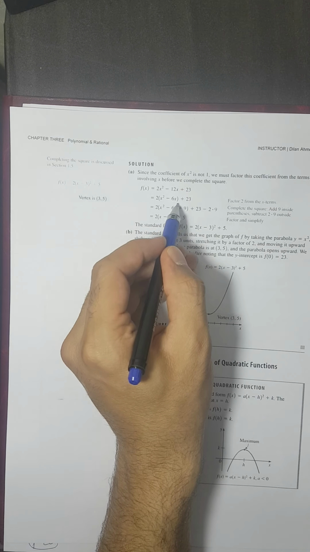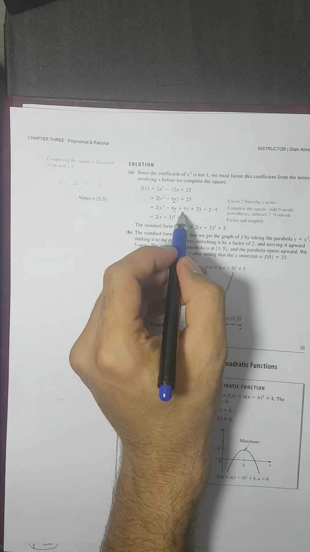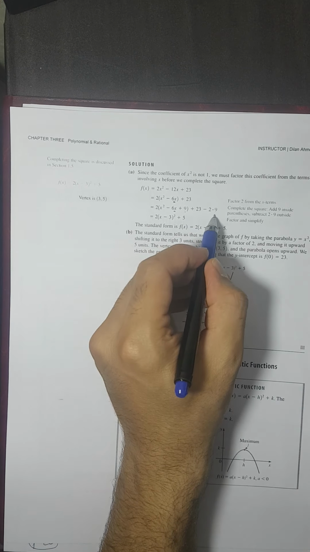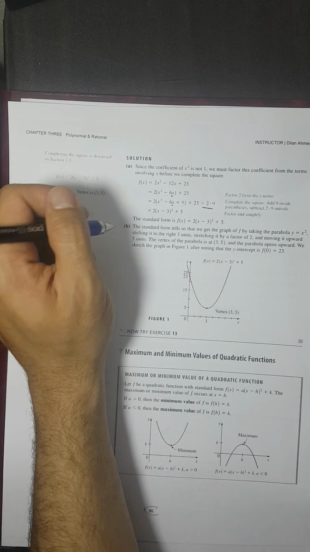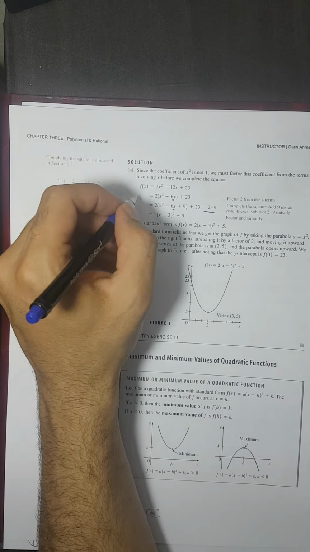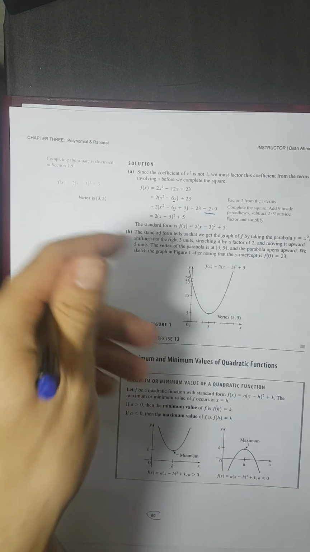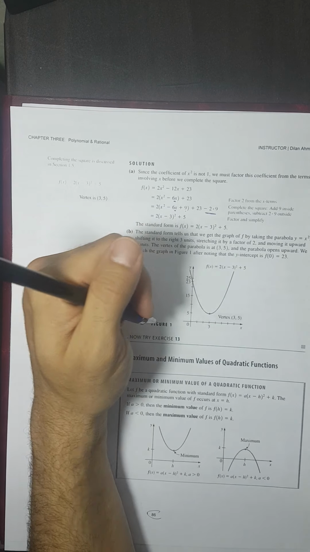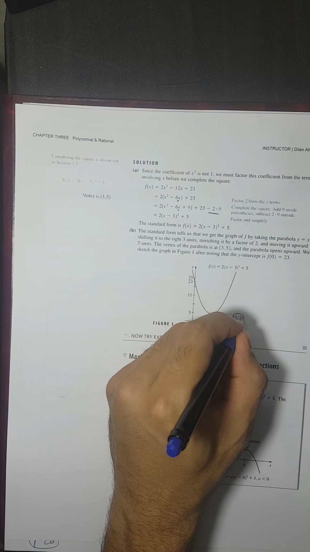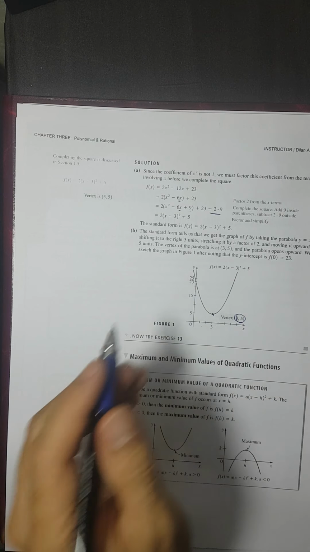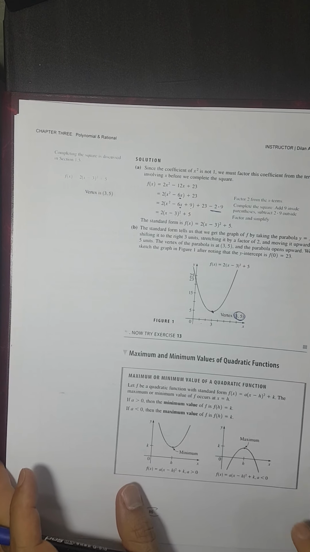Here you can see how to add and subtract the same form. Really, in your lecture you do not need more details. Please follow the steps, because this is the first time you are dealing with something like that, so you need more details. So for the vertex at the minimum point, you get something like that.